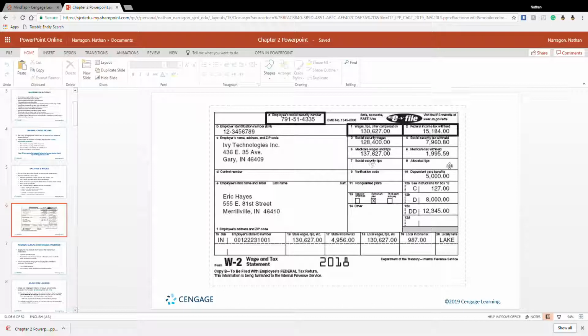Medicare is more than our wages. Most likely that is due to health insurance. So $137,627, and we end up paying Medicare tax of $1,995.59. So this is our wages. These are all the deductions that came out, and then box 12 has a few more deductions.